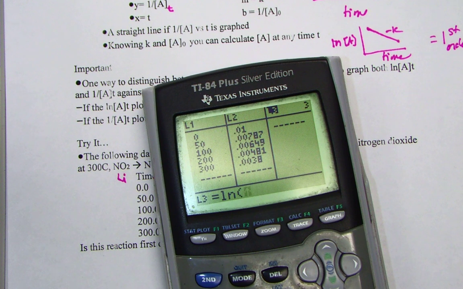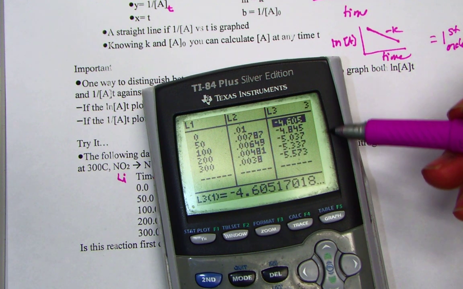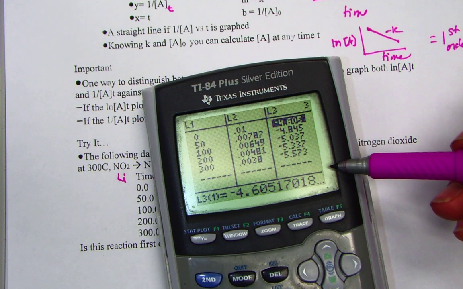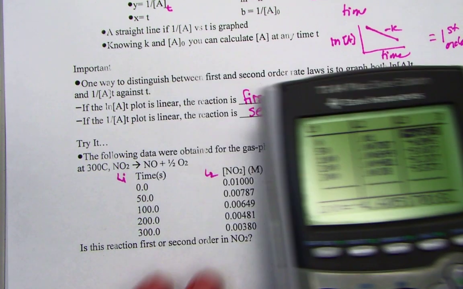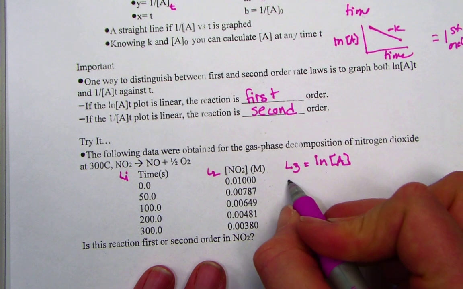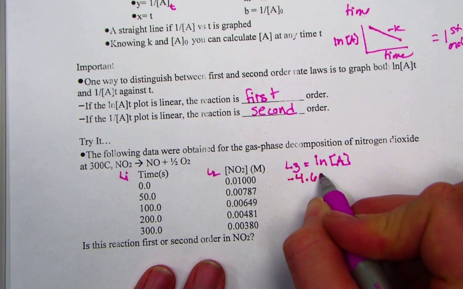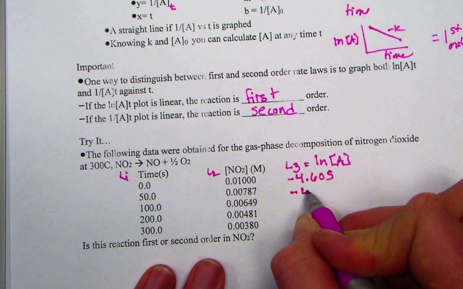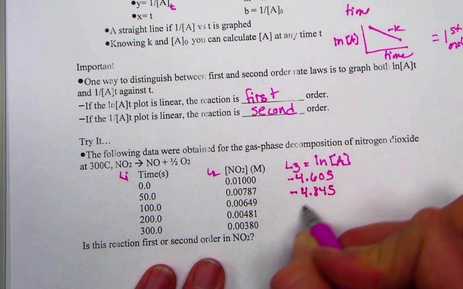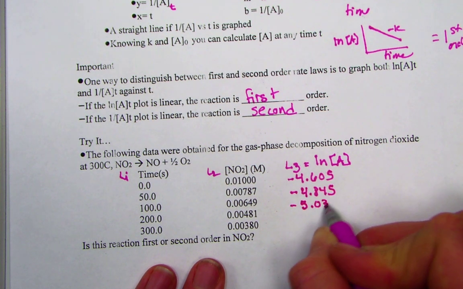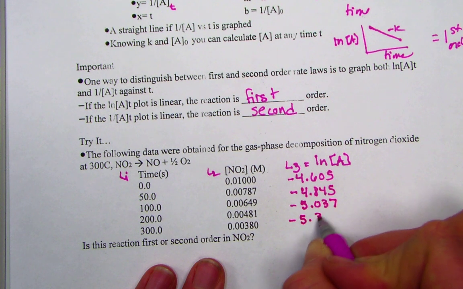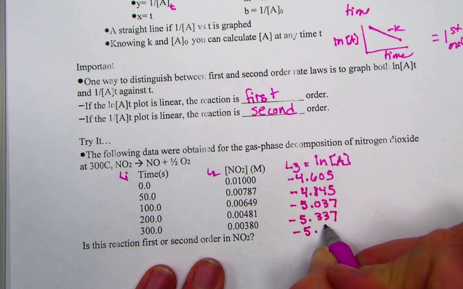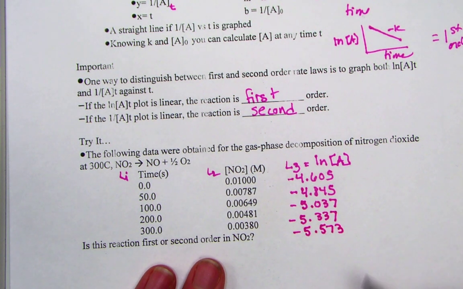So I'm going to hit natural log of list 2 equals. And now in list 3, we see a generated set of numbers that automatically calculated those natural logs. It reads negative 4.605, negative 4.845, negative 5.037, negative 5.337, negative 5.573.